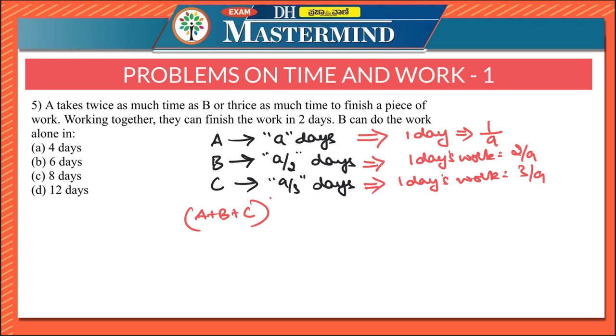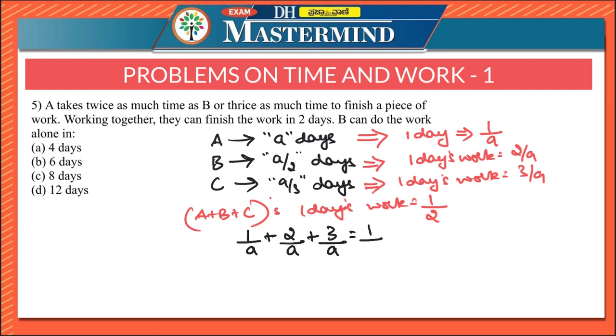That means A plus B plus C's 1 day's work will be equivalent to 1 by 2. In other words, 1 by A plus 2 by A plus 3 by A equals 1 by 2. This is nothing but 6 by A equals 1 by 2, which means A equals 12.